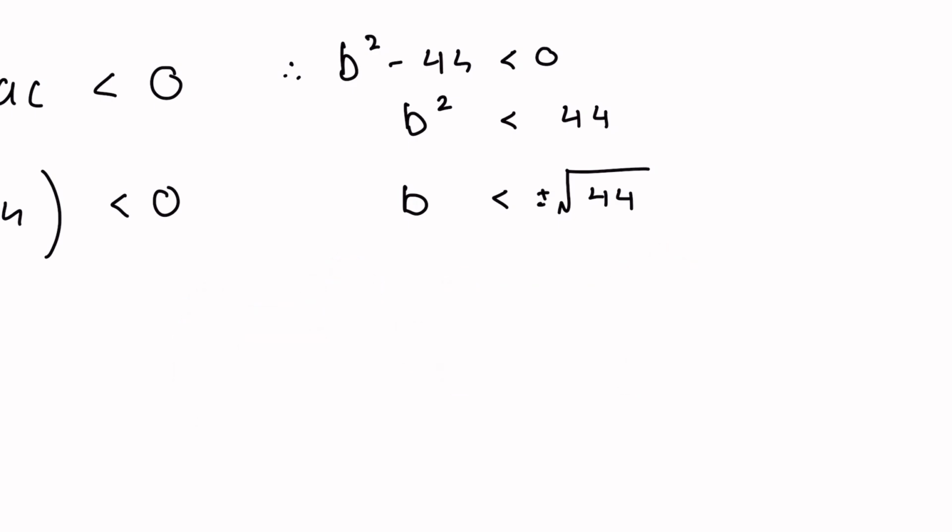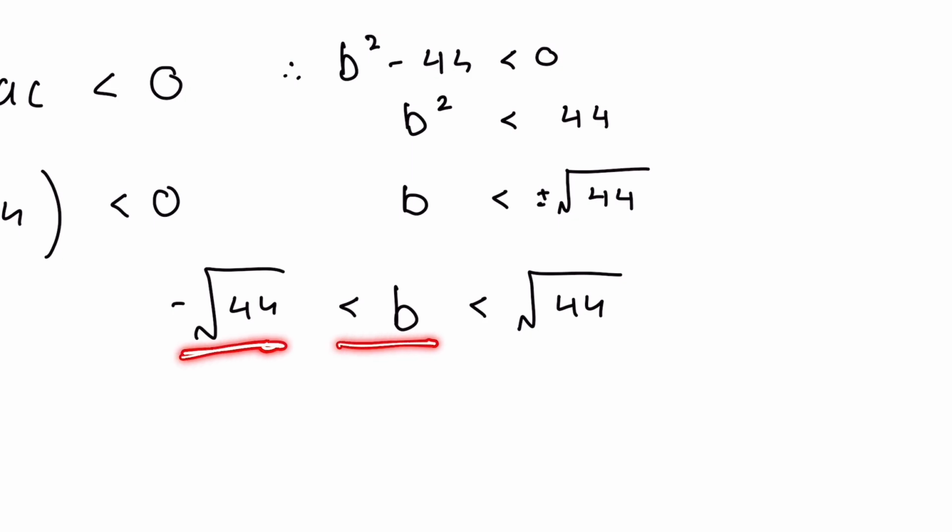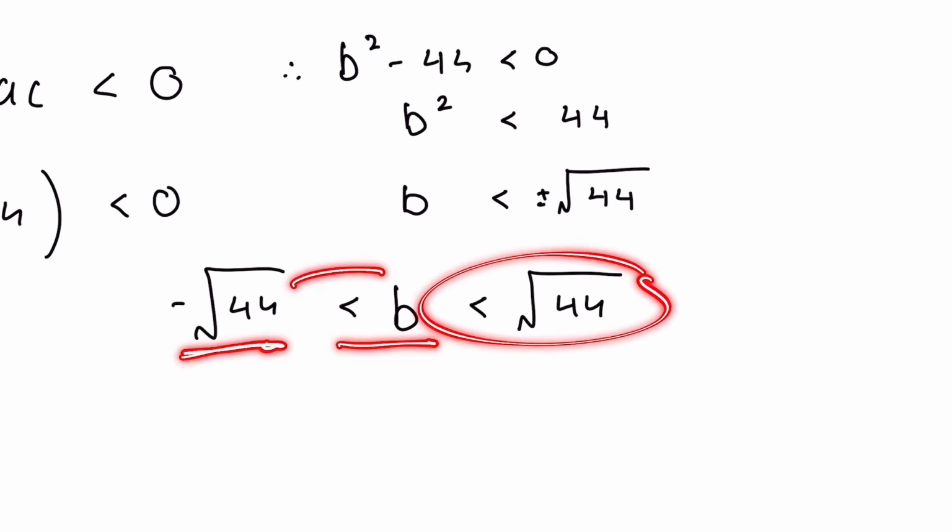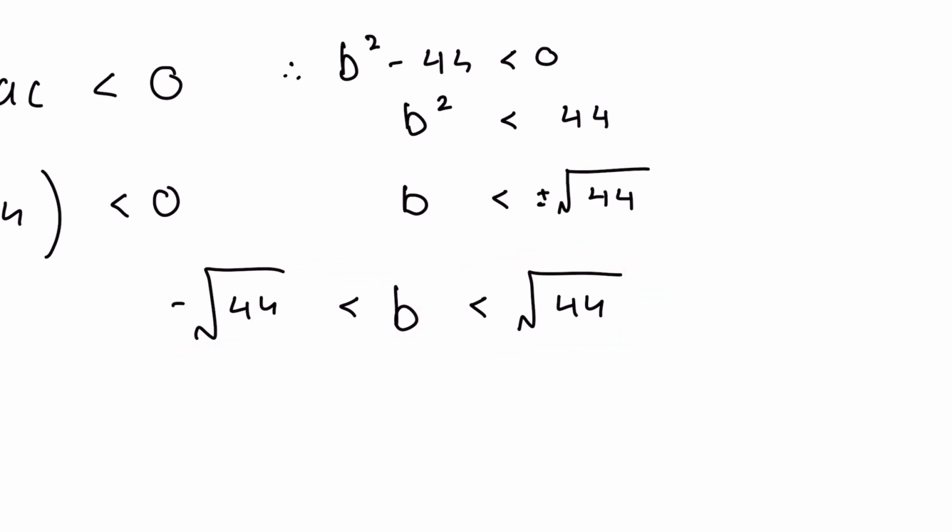So when we do an inequality here, b has to be less than positive root 44, and it has to be larger than, in this case, negative root 44. Because if it was outside, it would be, for example, negative root 50.